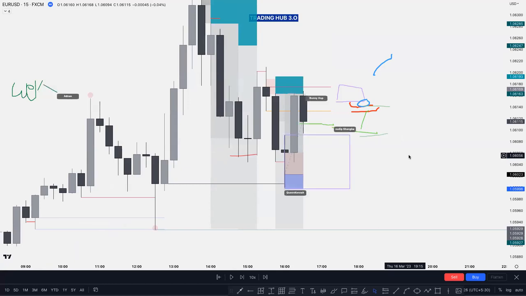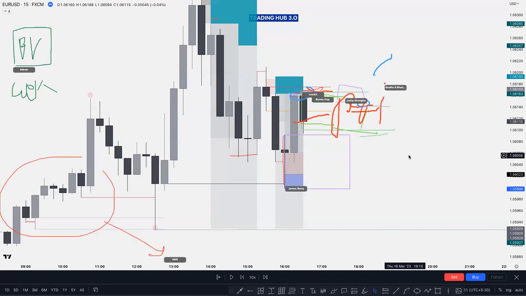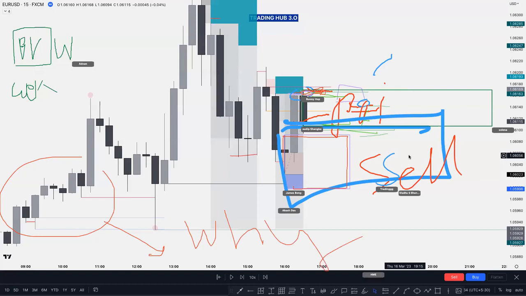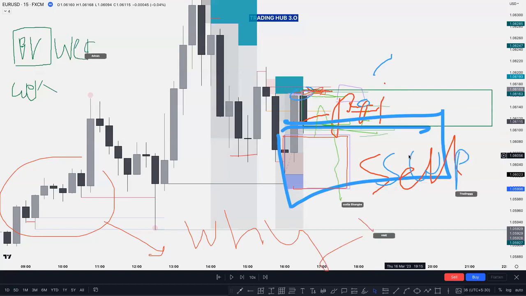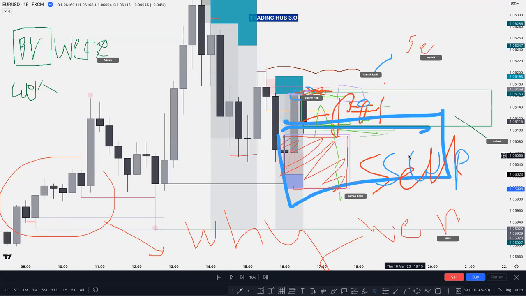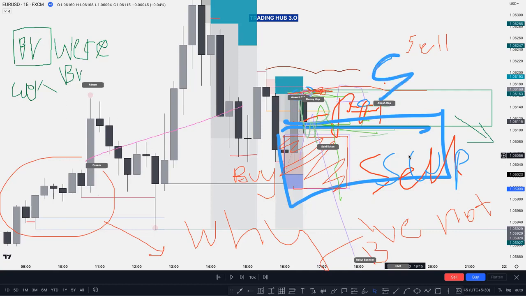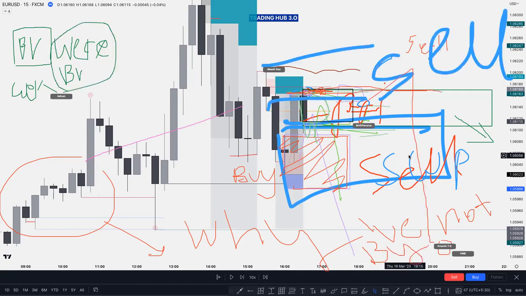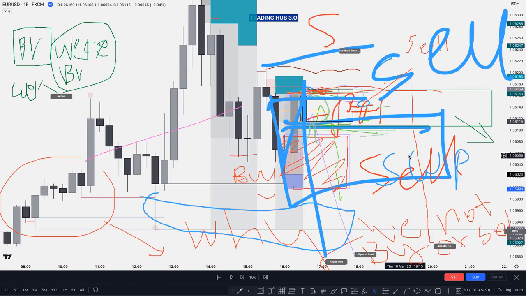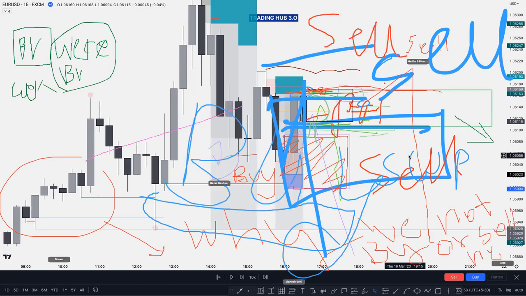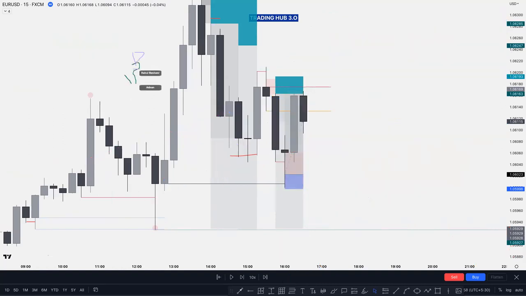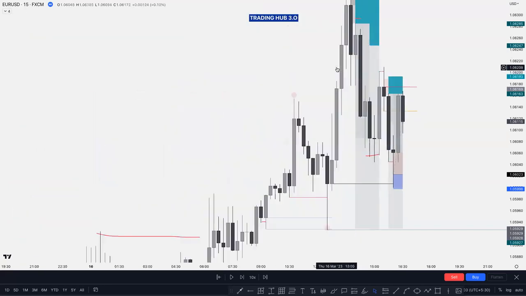Where is our next POI in this case? And what is the perspective here for the buy and sell? Okay, buy. Look at this one.